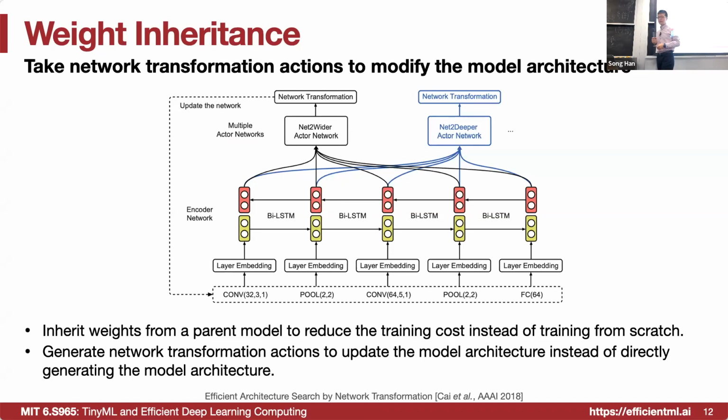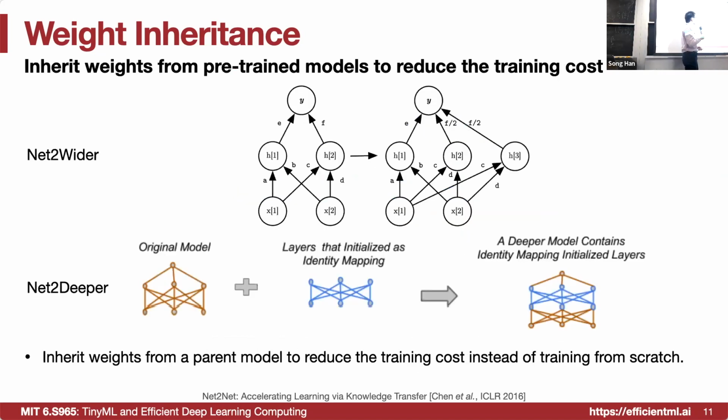Question: we have always been trying to make things smaller, so why are we making the network wider? You make the network wider because you want to have more capacity and higher accuracy. If it's exactly the same weight, it doesn't make sense to me. The input is still the same size, and you're making it wider in a way that will end up in the same result. No, it makes a lot of sense because this is just initialization.